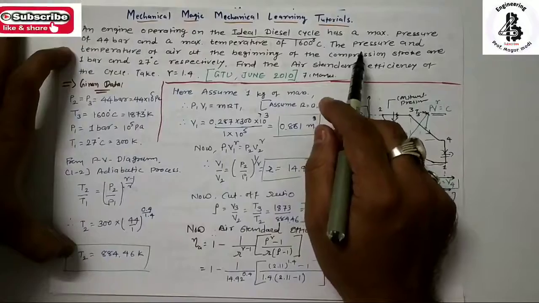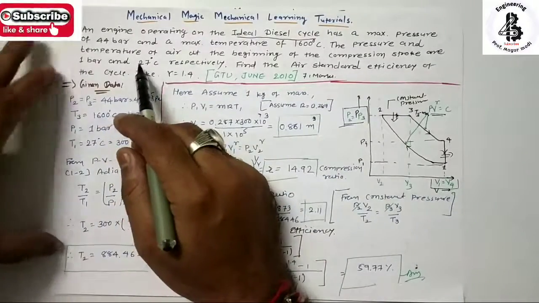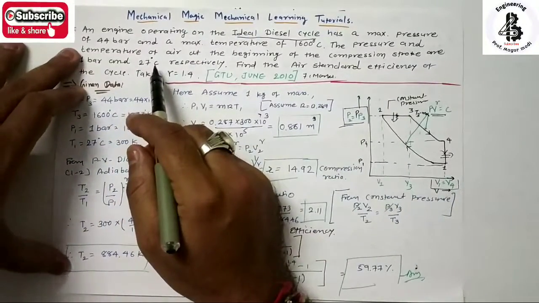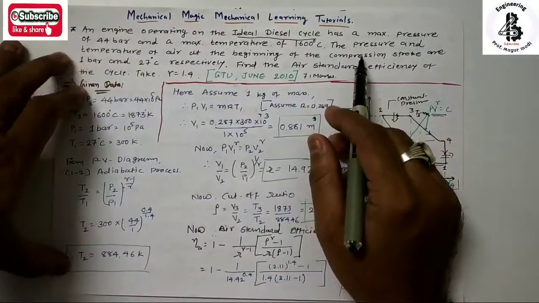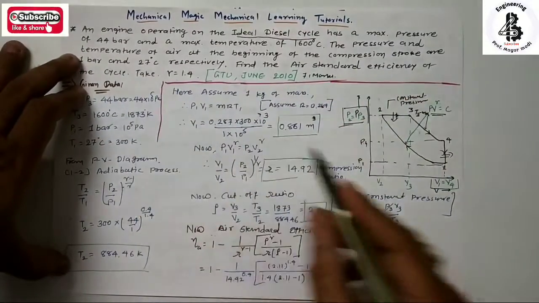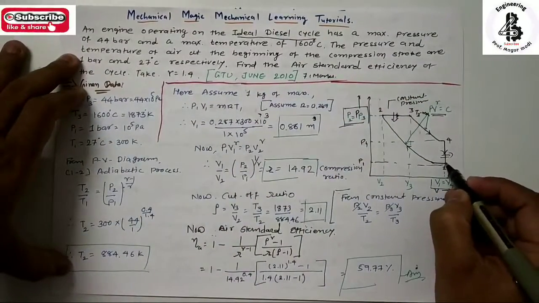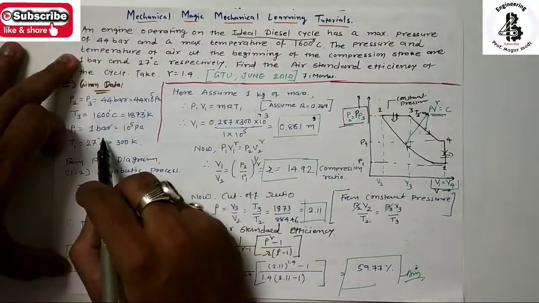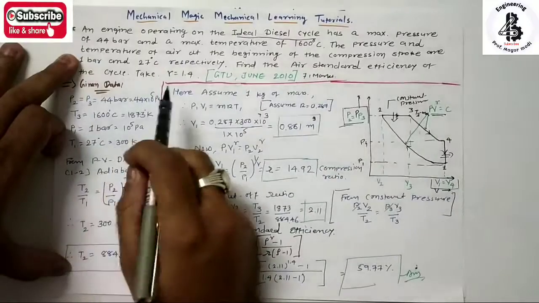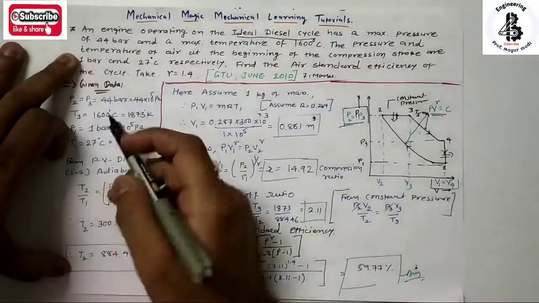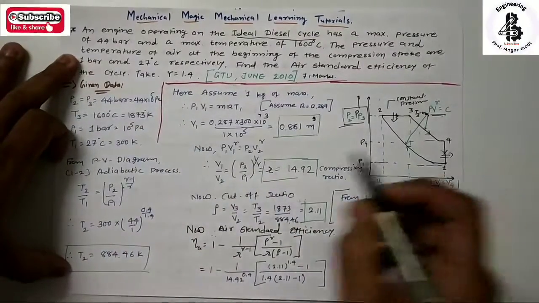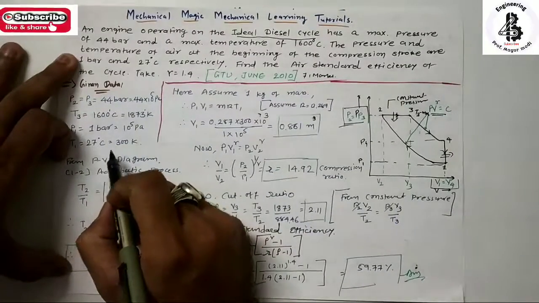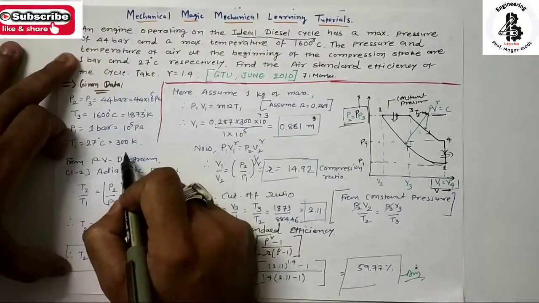Now the pressure and the temperature of air at the beginning of the compression, which is state number 1. So P1 should be equal to 1 bar, 10 raised to 5 pascal, and T1, the temperature at point number 1, is 27 degrees centigrade, which converts into 300 Kelvin.